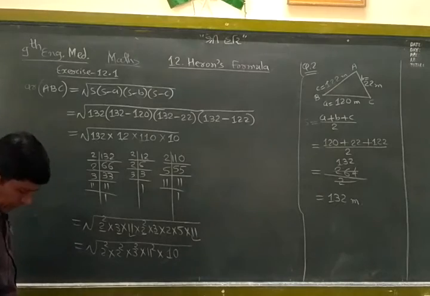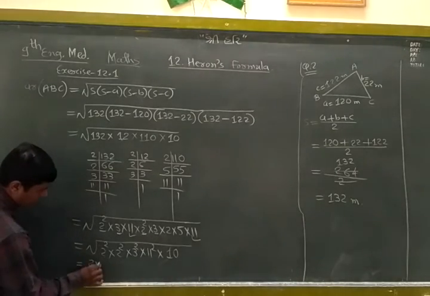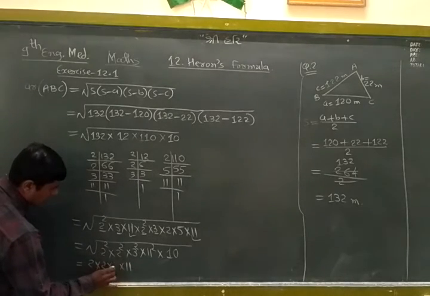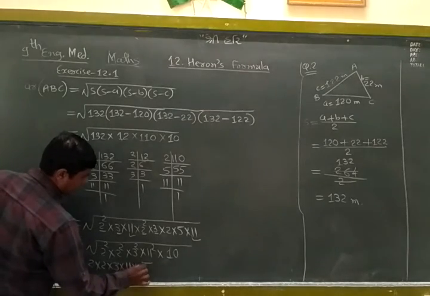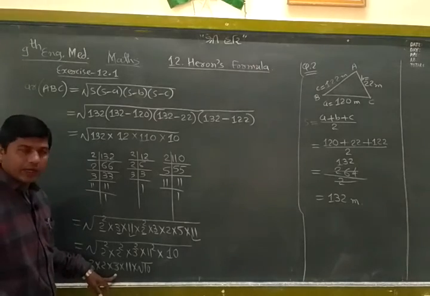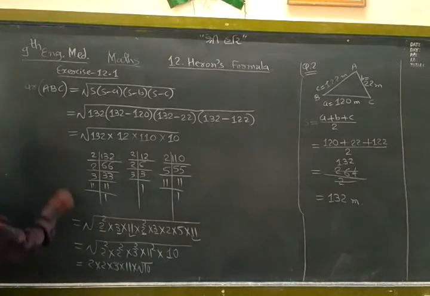Okay. So remove this square and square root: 2 into 2 into 3 into 11 into square root 10. 2 twos are 4, 4 threes are 12, 12 elevens are 132.